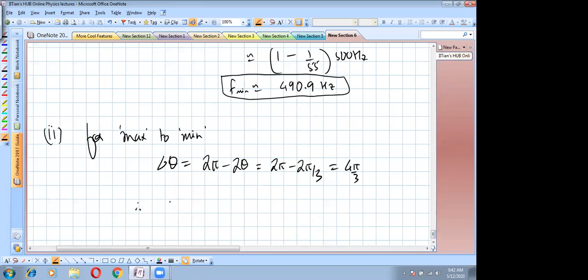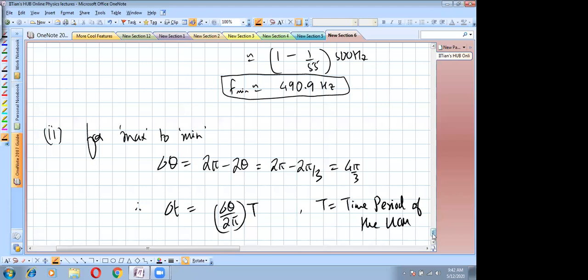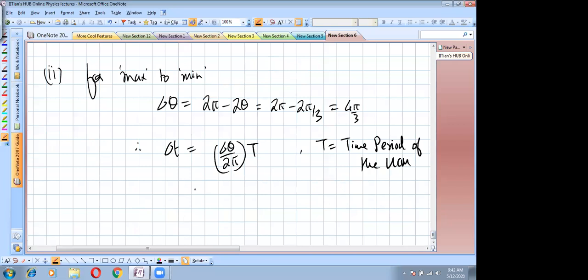So therefore the time interval will be delta theta upon 2 pi times the time period of the circular motion. Capital T is the time period of the uniform circular motion.